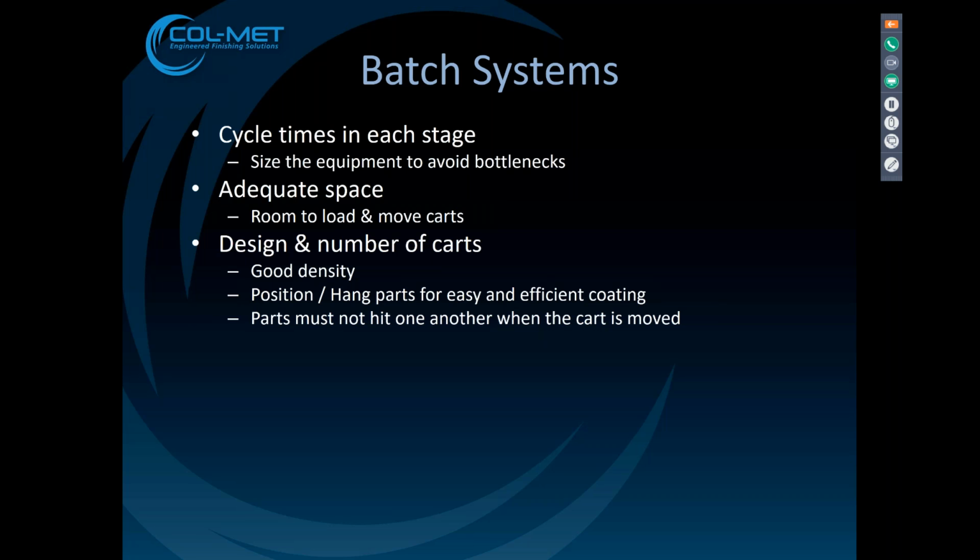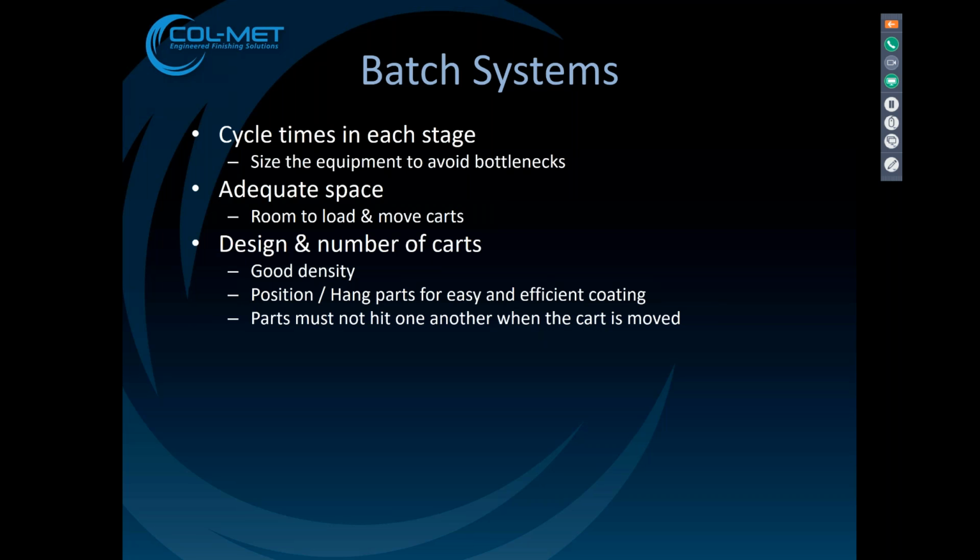But just quickly, if we go through this exercise and we find that we can't justify a conveyorized system, or the parts don't lend themselves to a conveyorized system because of size, then the solution for the customer is sometimes a batch system.